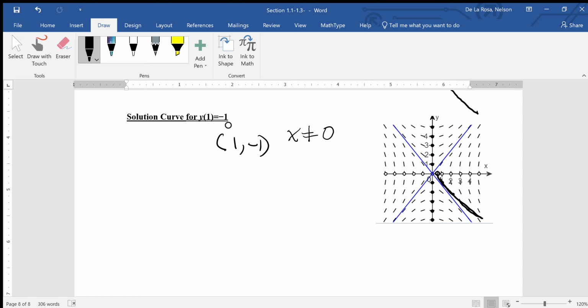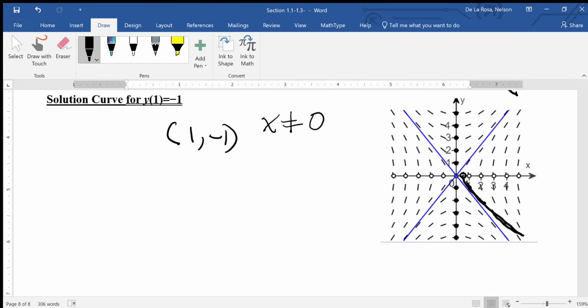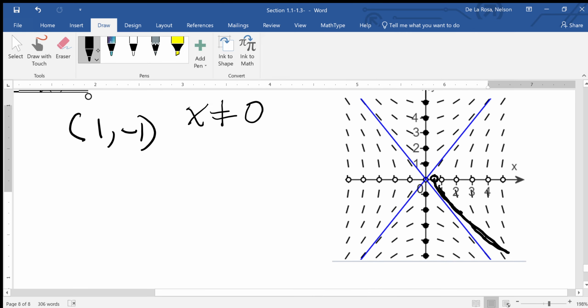That is why we have this open circle excluding 0.